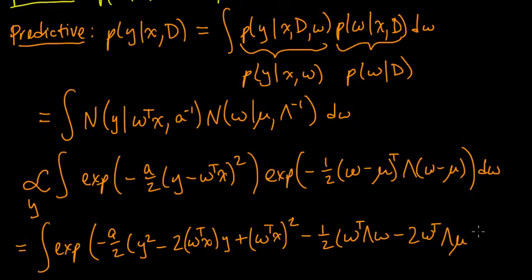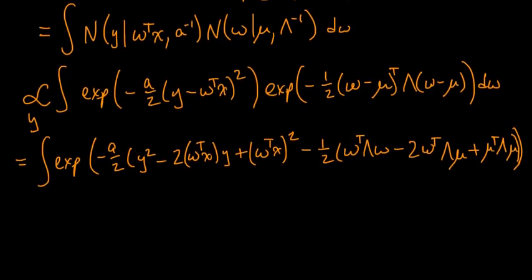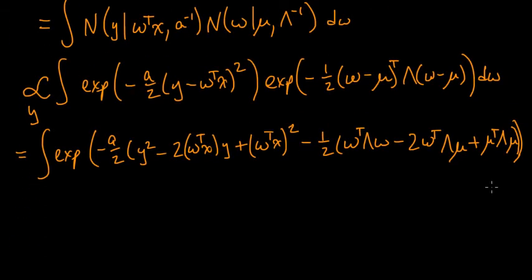Precision matrix is always symmetric. Plus mu transpose lambda mu. Okay, all that in the exponent. Let's see, is that right? W transpose lambda mu, yeah.